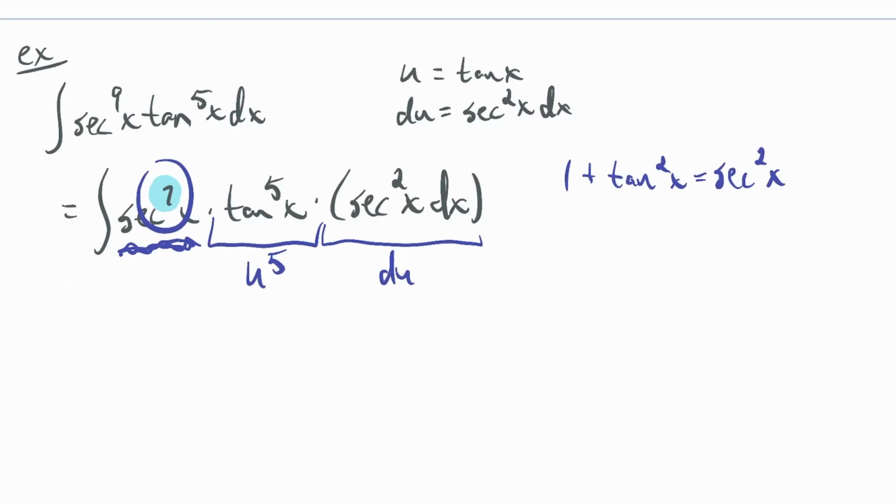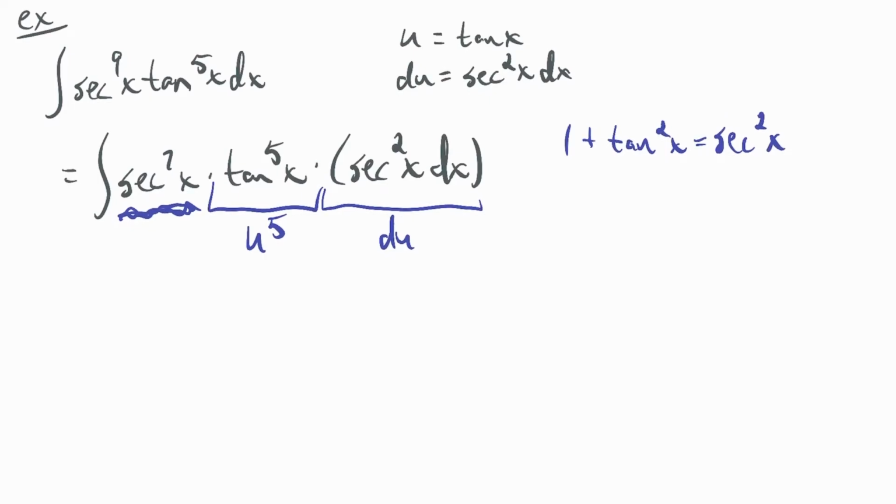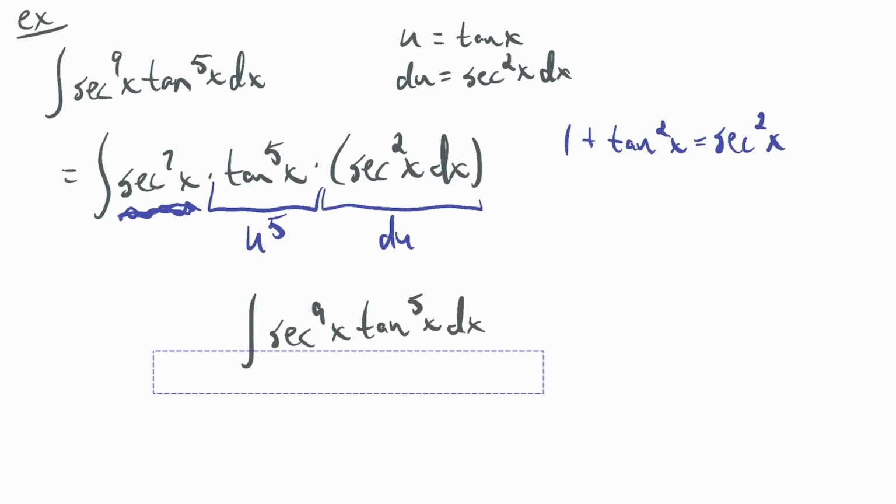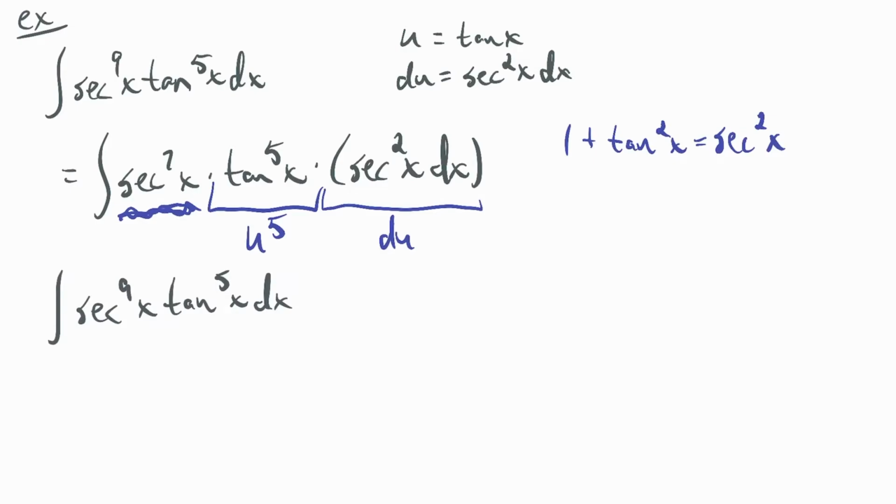So let's try using secant for the substitution instead and see how that goes. So I rewrite the problem. Integral secant 9th of x tangent 5th of x dx. And then we'll say that v equals secant x, so that dv equals secant x tangent x dx.